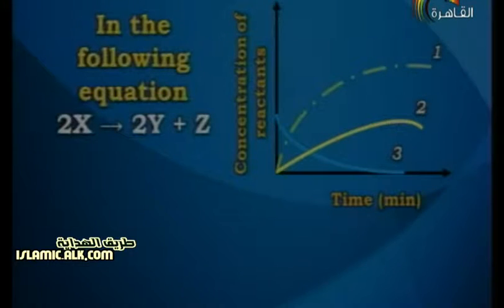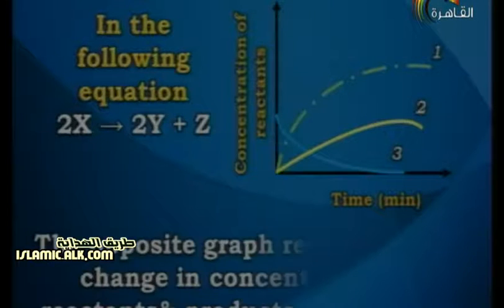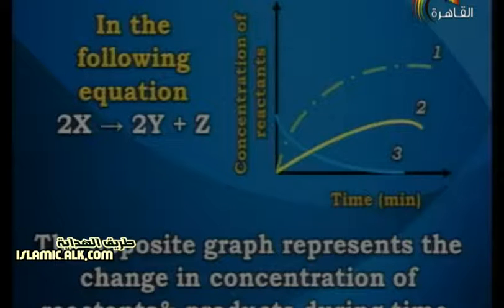If I have this equation, 2X gives us 2Y plus Z, which one is related to 1, 2, or 3? The graph represents the change of the concentration of reactant and product during time.